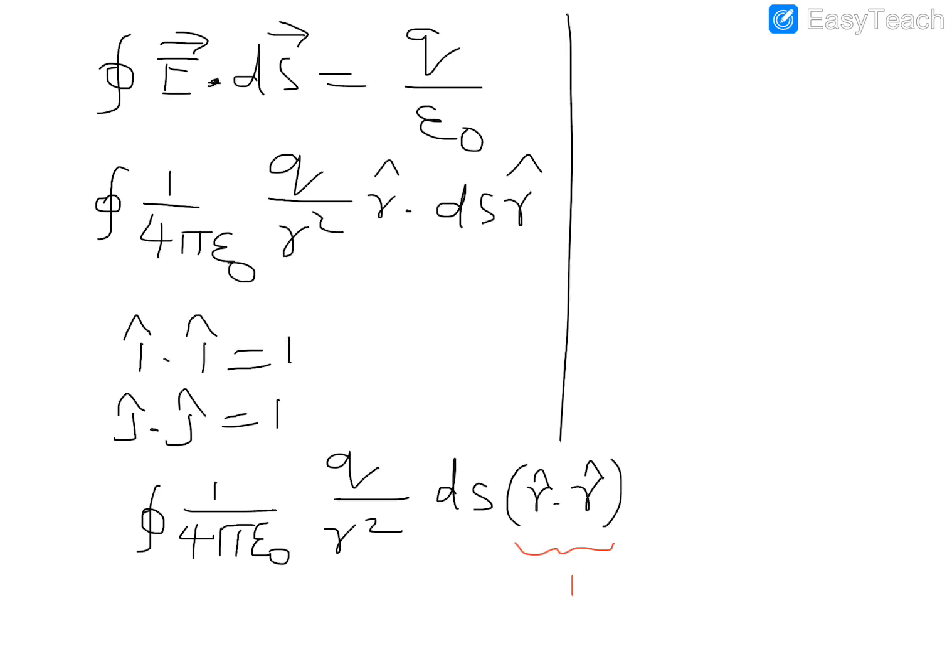So you will get 1 by 4 pi epsilon 0, closed integral 1 by 4 pi epsilon 0 q by r square ds. r cap dot r cap will become 1.